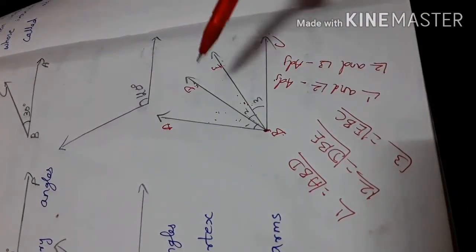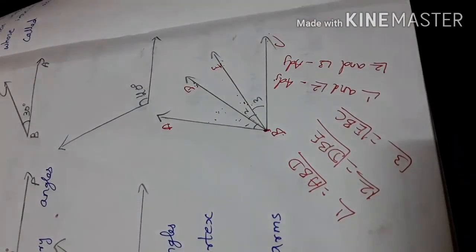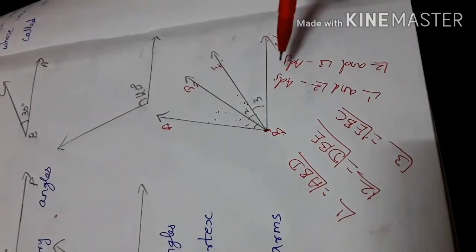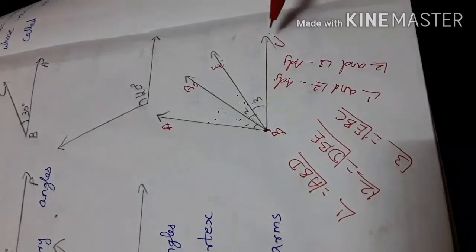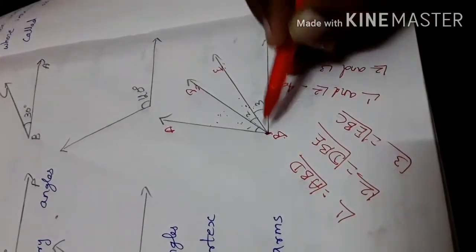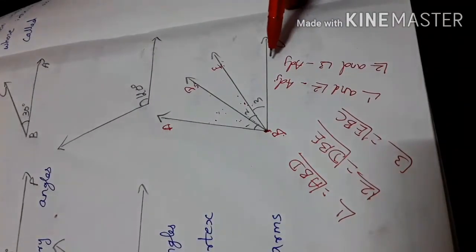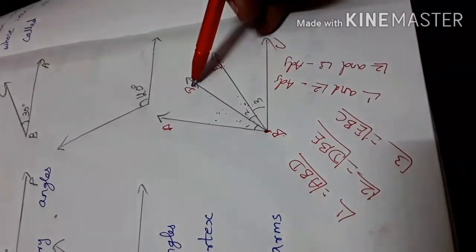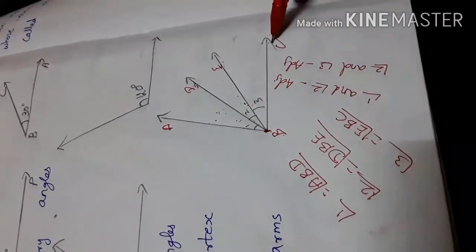But angle 1 and angle 3, you have to see. Angle 1 is ABD. Angle 3 is EBC. They have a common vertex, but they do not have a common arm. Here we don't have a common arm. ABD we have, here we have EBC.